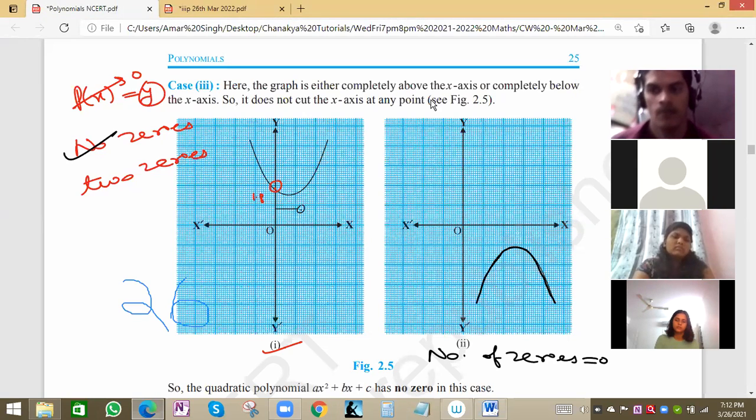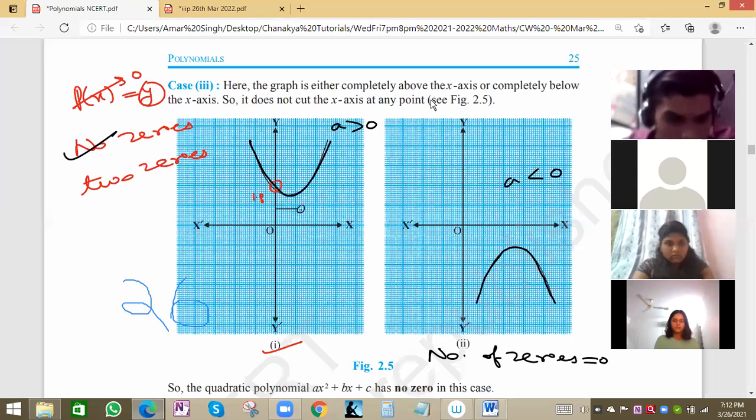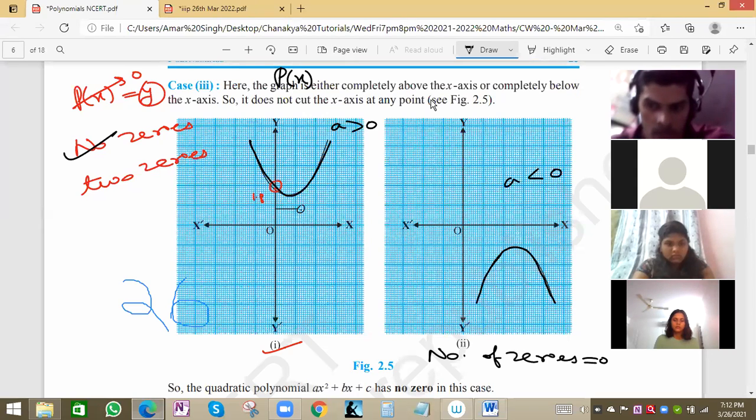One more thing, for this case the curve is opening in the upward direction. So this is quadratic, or we can say a parabola. The shape of this curve is a parabola. So we can say a is greater than 0. And this curve is opening in the downward direction, so a is less than 0, because for a quadratic or degree 2 polynomial we have the standard equation ax square plus bx plus c.